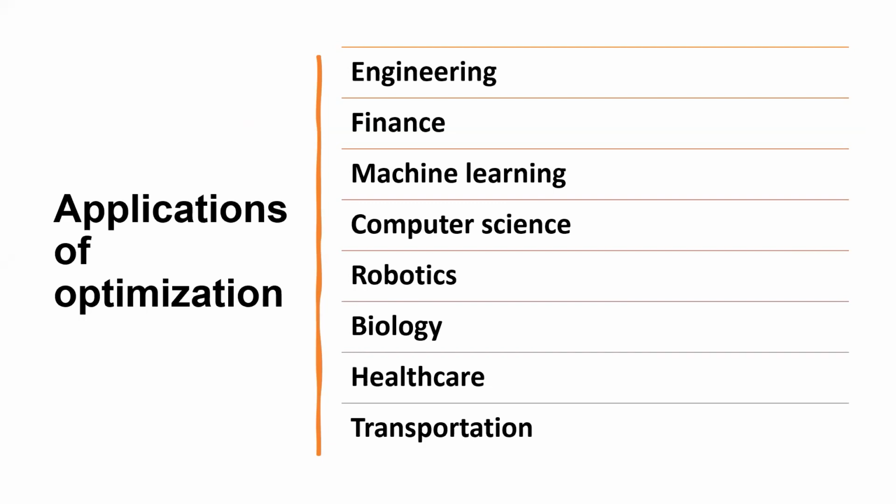If it is engineering, what are the optimization things engineering is doing? And definitely there are wide examples as well. In engineering, optimization is used to design and optimize structures, machines, and systems by finding the best configuration of materials, shapes, and dimensions.